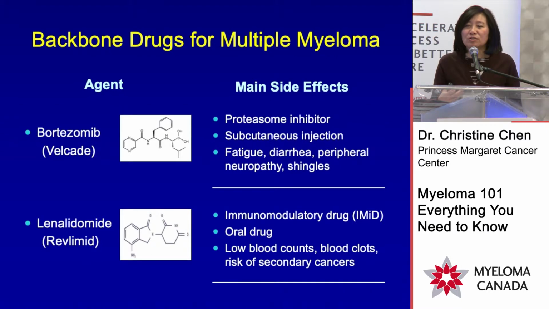Lenalidomide is an immunomodulatory drug, also known as an IMiD. So just so you're familiar with those terms, because we are starting to see newer versions of these drugs. Proteasome inhibitors like ixazomib and carfilzomib are now here. Other IMiDs like pomalidomide are also in common usage now.